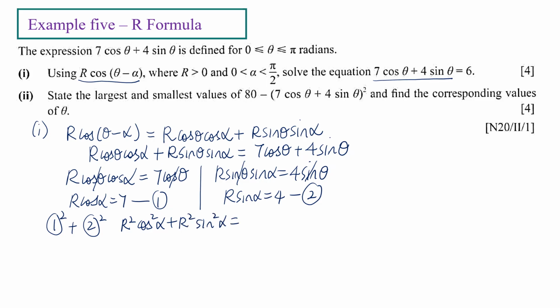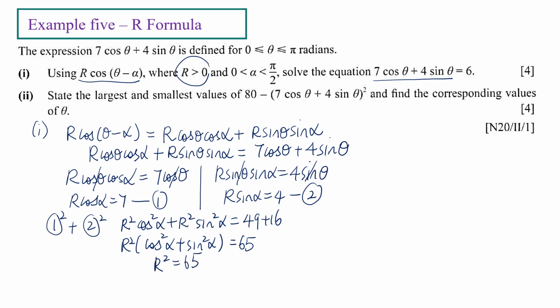That gives you 49 plus 16. So you factorize your R squared out, and you're left with cosine squared alpha plus sine squared alpha. 49 plus 16 will give you 65. And if you remember your Pythagorean identity, cos squared alpha plus sine squared alpha gives you 1. So R squared is 65.